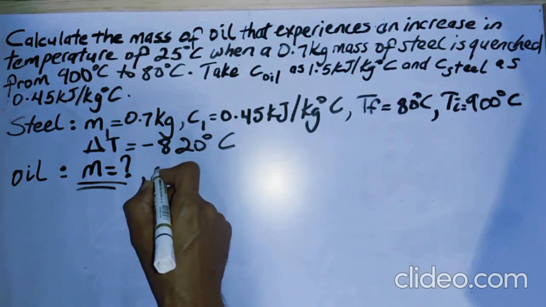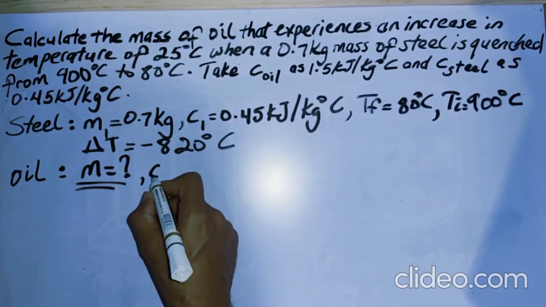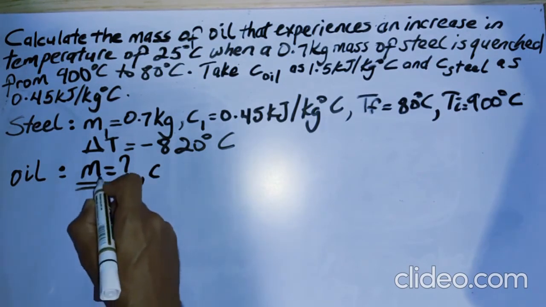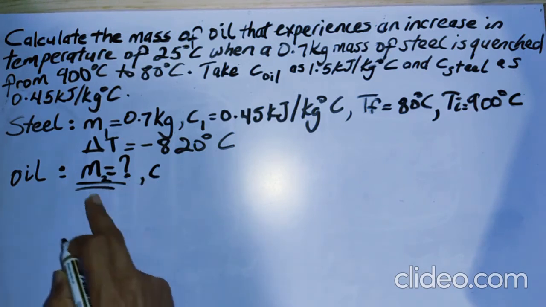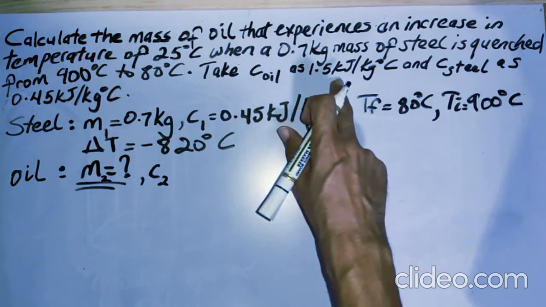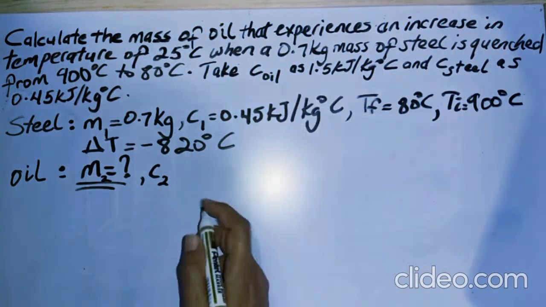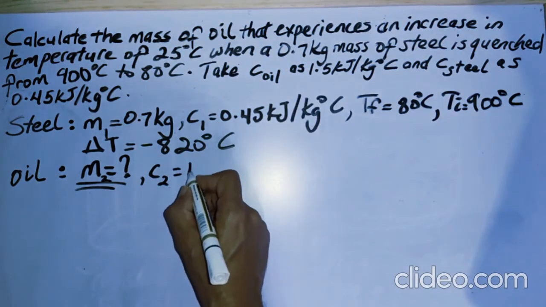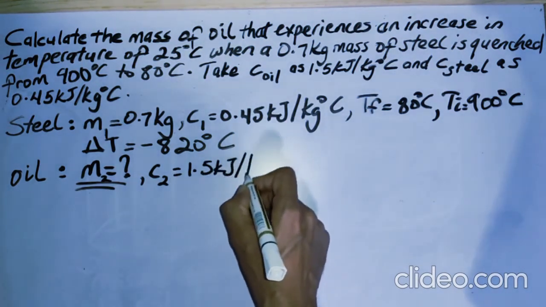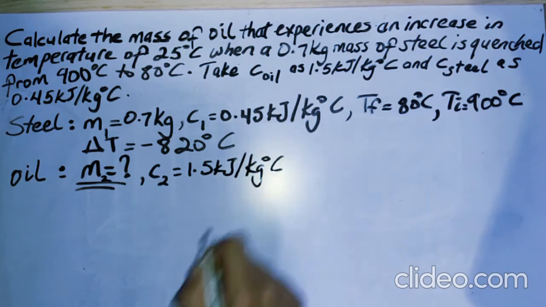We'll call this M2 for the mass of the oil, and the specific heat capacity of the oil C2, so 1.5 kilojoules per kilogram degree Celsius.